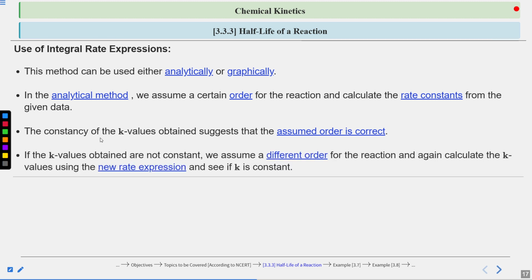If the k values obtained are not constant, then we assume a different order and repeat the process. Again, calculate the k values using the new rate expression and see whether k comes out constant or not. If it does, then we have assumed the correct order. This is how you can get the order of the reaction using the integral rate expressions.